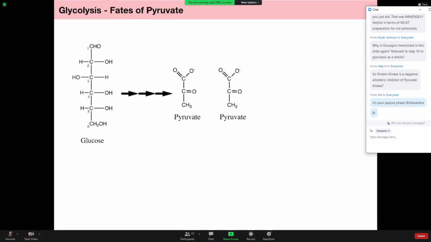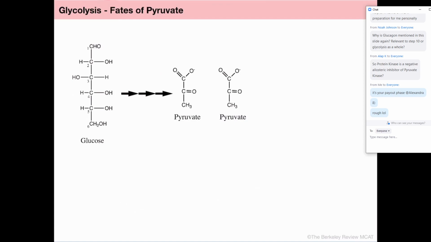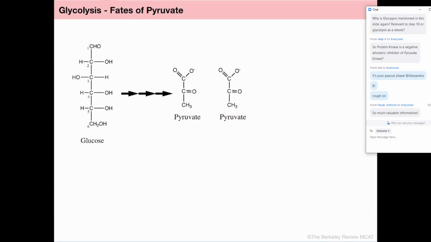Okay, so now we finished glycolysis. And recap, we've gone from 1 glucose molecule to 2 pyruvate molecules. So we have net gained 2 ATPs and 2 pyruvates.